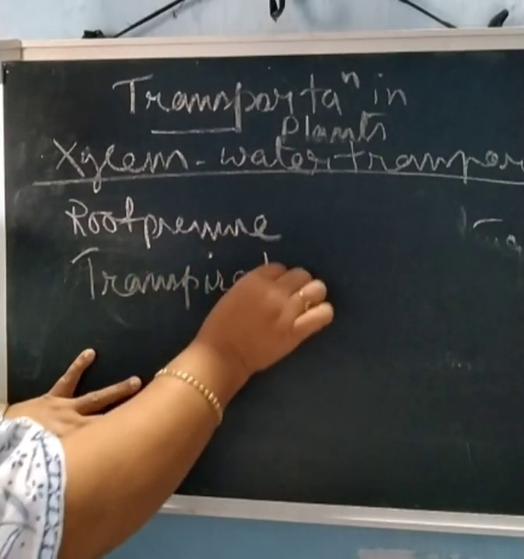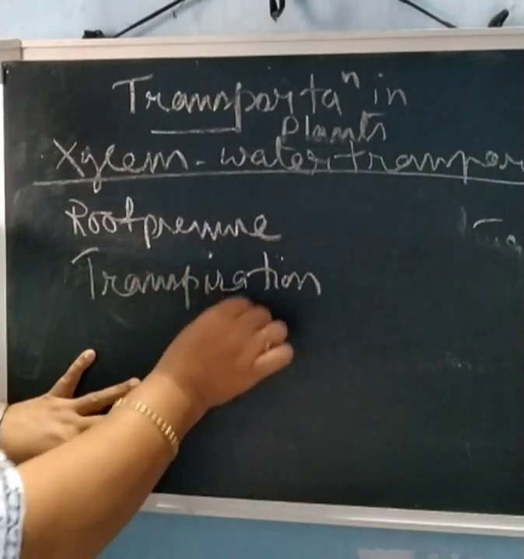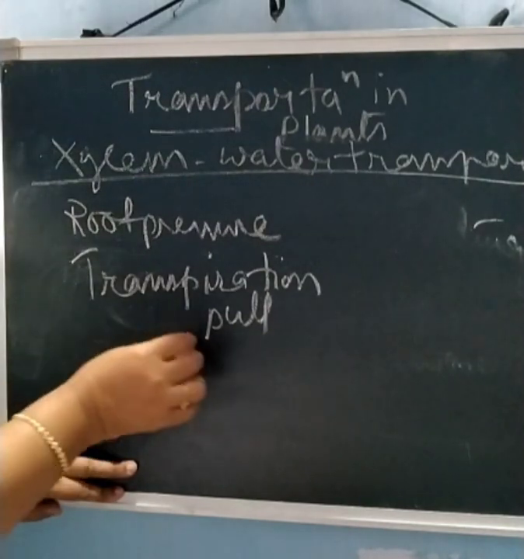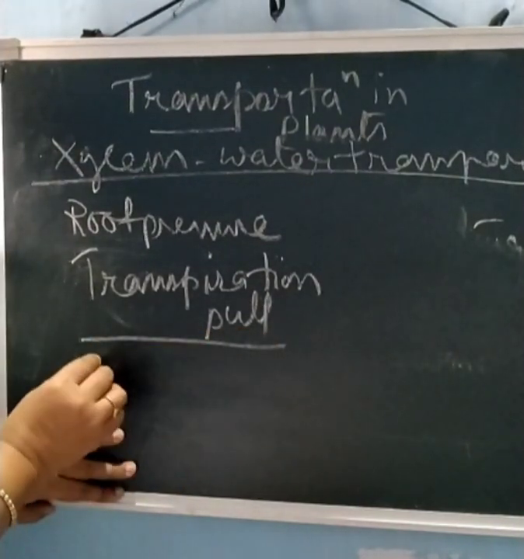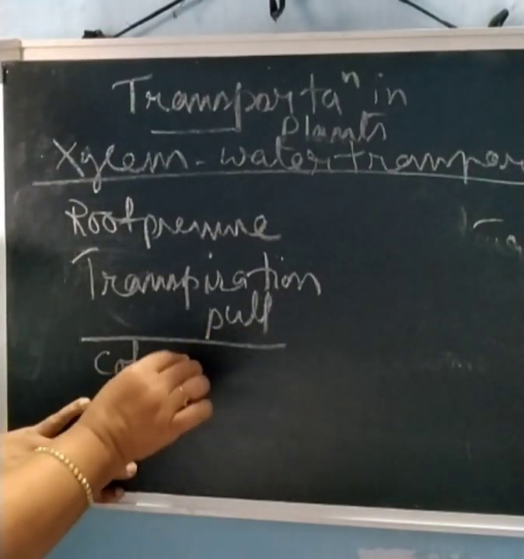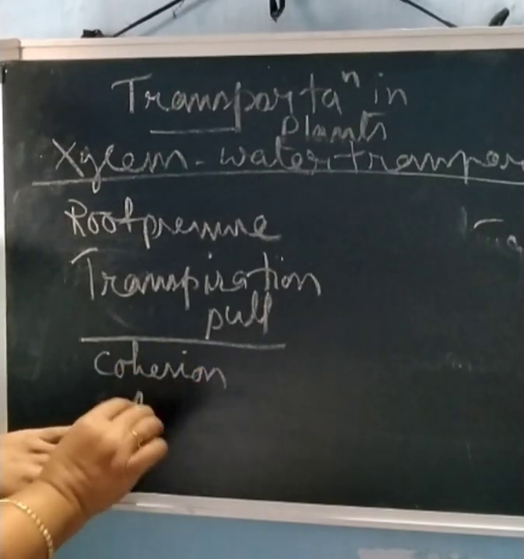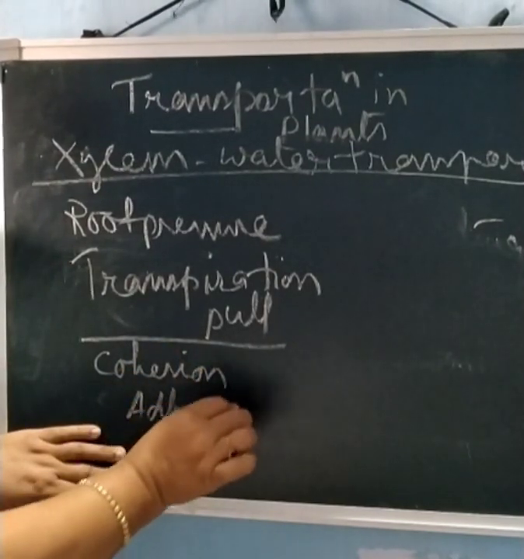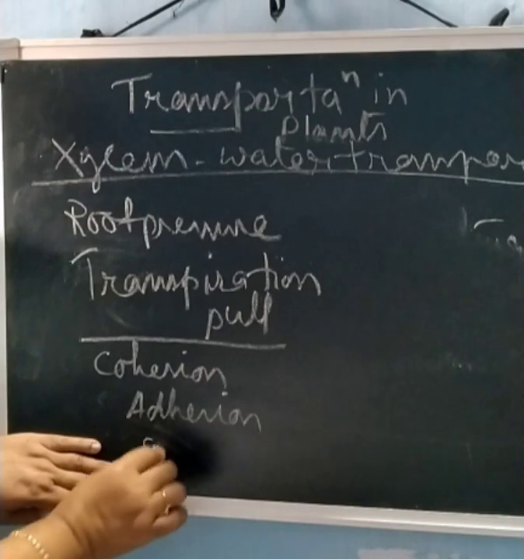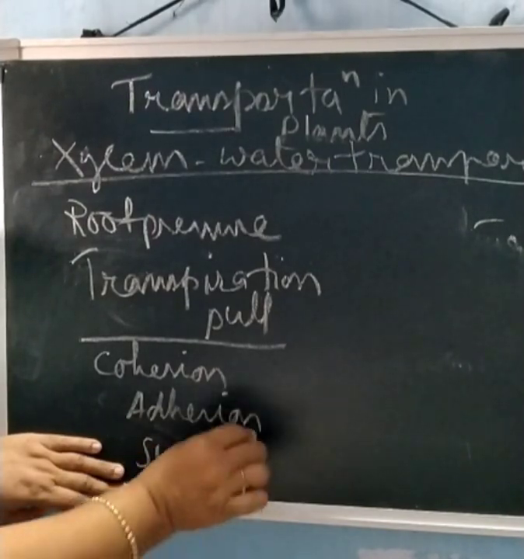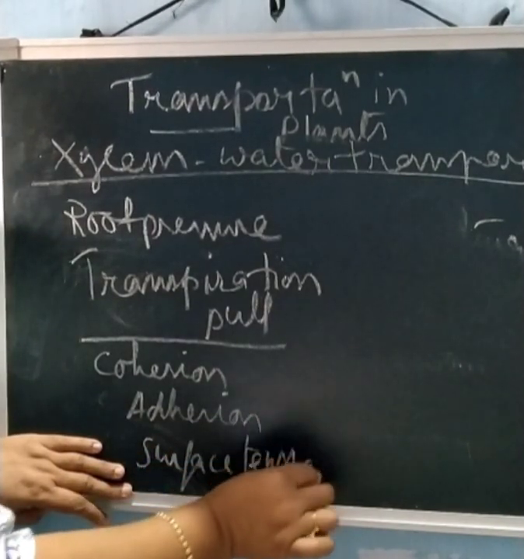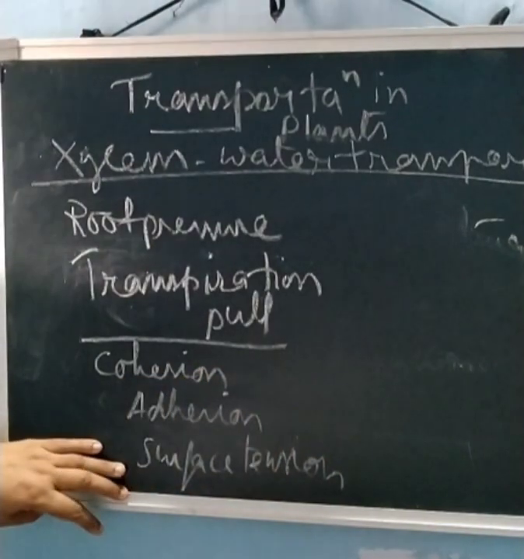So these theories are important, which normally describe the water transport. Now this transpiration pull again involves cohesion, adhesion, and surface tension. So these three things are involved.